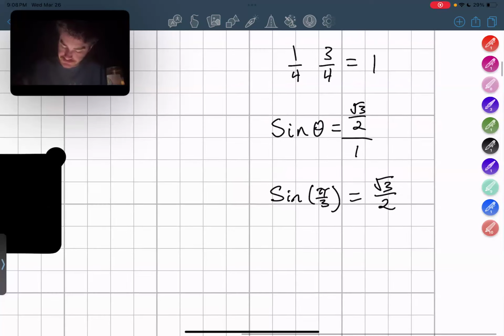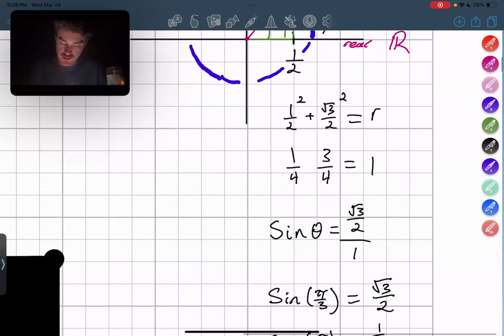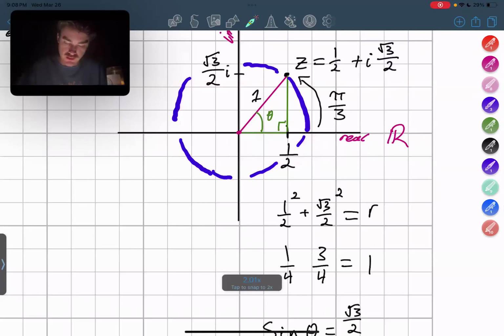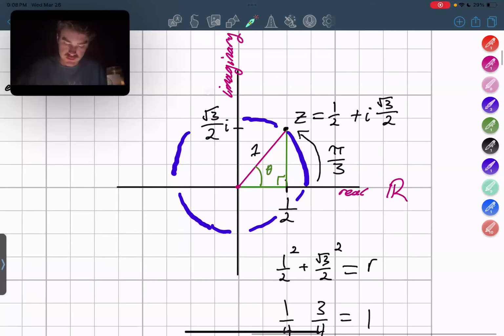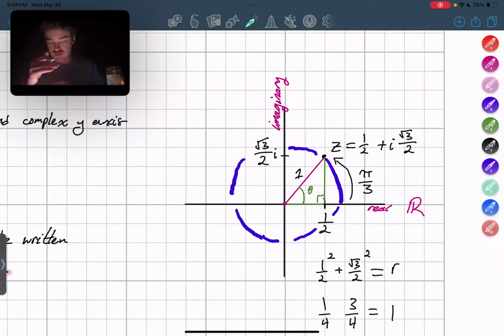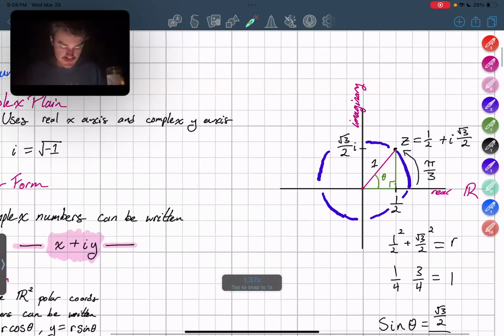And theta remains consistent, so we get cosine of theta. Cosine of pi over 3 is 1/2. And that checks out because we had 1/2 down here on the x-axis, or the real axis, and then √3 over 2 on the imaginary axis. And we just stick that i on because it helps us separate the different axes.